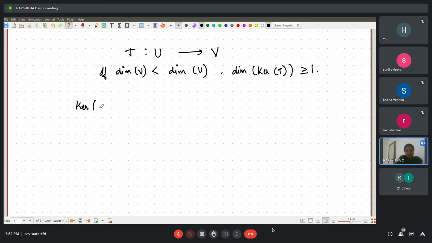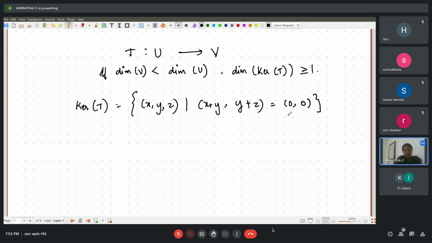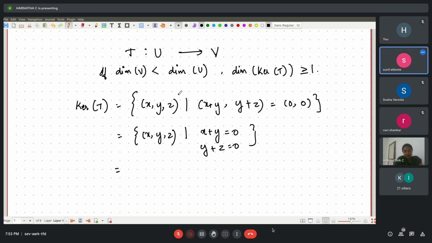So let's actually get the kernel of T. It is all those x, y, z such that x plus y, y plus z equal to 0, 0, which is equal to x, y, z such that x plus y equal to 0 and y plus z equal to 0. So these are all vectors in R3.